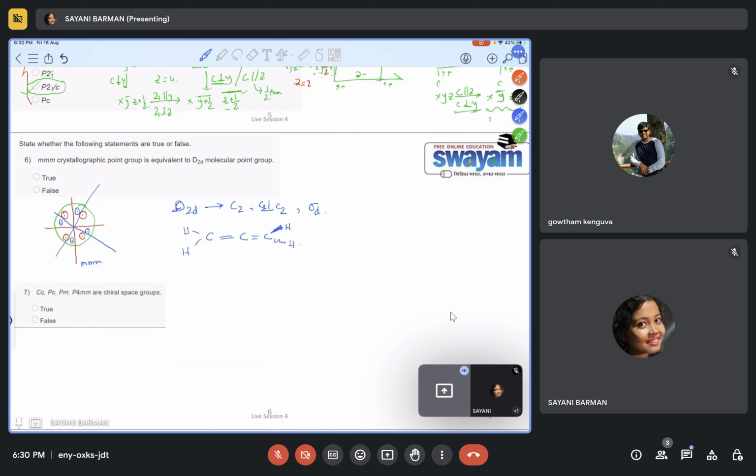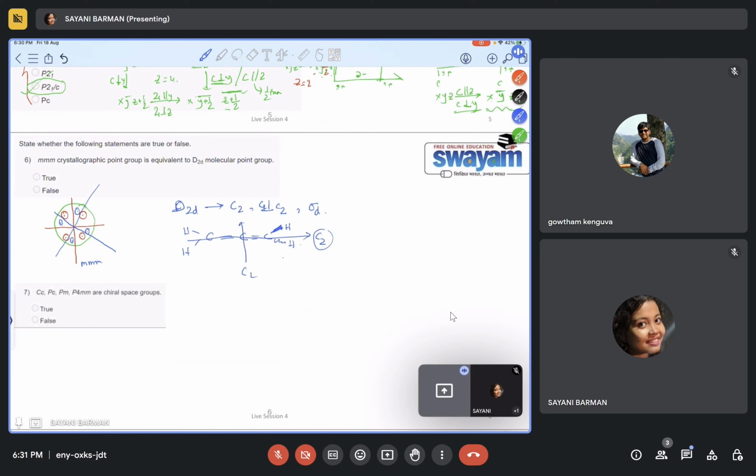So if this is C2, then there is also C2. If this is C2, there are mirror planes generating, and if this is what we are considering, then also mirror planes are generating, right?